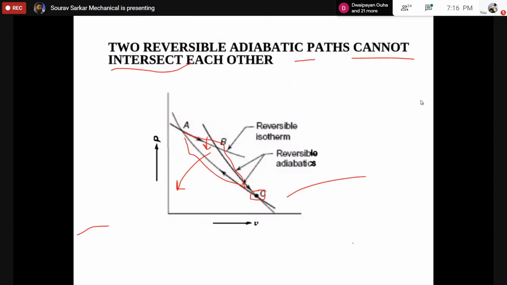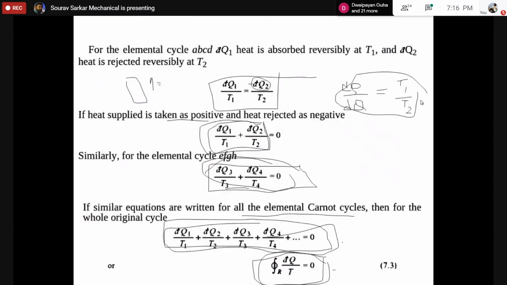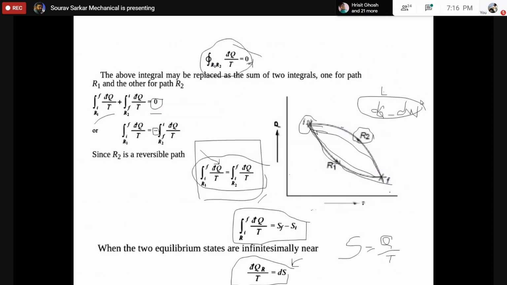If it is true, then I can prove this to be true. Then I can get a new property where the dq by T remains constant whatever path I follow. So this is the mathematical definition of entropy. Have you got the point? Yes, sir.